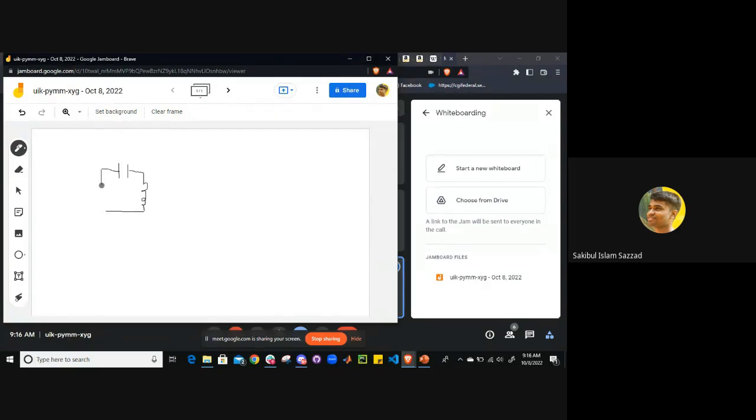I have a voltage, I have a power. This is the capacitor, this is the inductor. Together, these two things create a resonator.